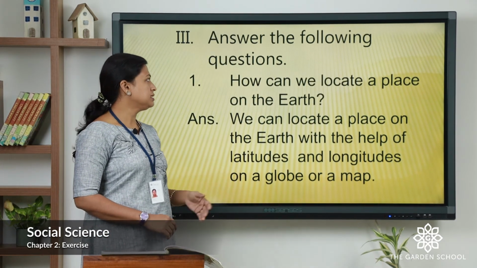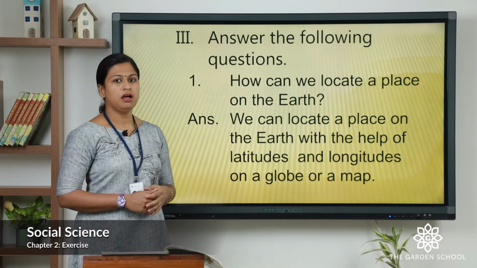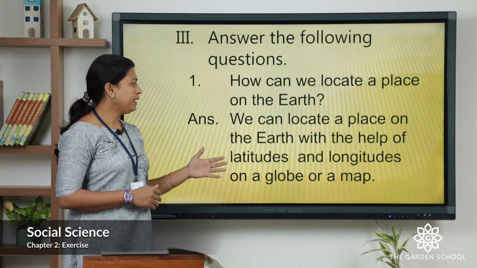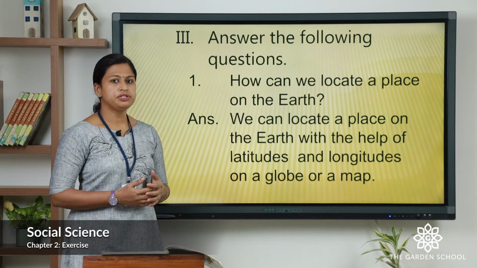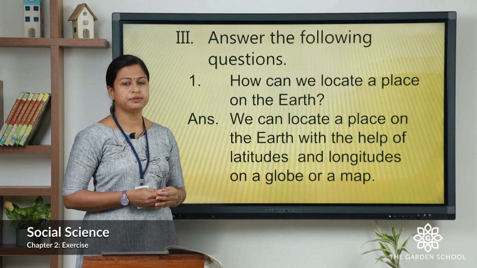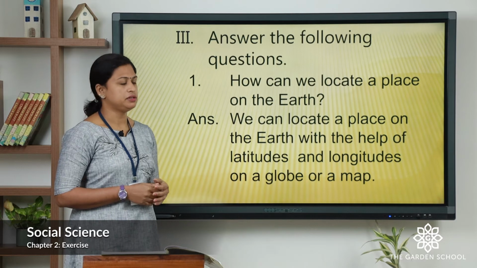The first question is, how can we locate a place on the earth? The correct answer is, we can locate a place on the earth with the help of longitudes and latitudes on a globe or a map. Now let's see the second question.